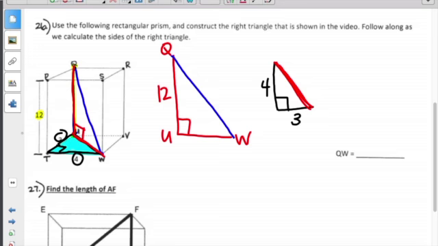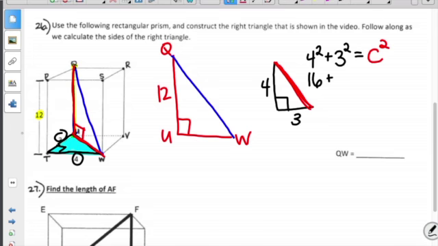So our legs are 4 and 3. So 4 squared plus 3 squared equals my hypotenuse, c squared. 4 squared is 16. 3 squared is 9. And that is equal to c squared. 16 plus 9 is 25. That's equal to c squared. So I know right away, once I take the square root of both sides, I'm going to get 5.